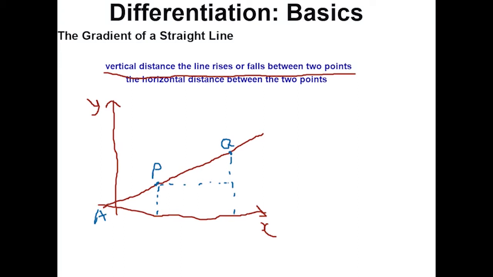Let me call the graph AB, and the graph slopes upward, obviously, from left to right.